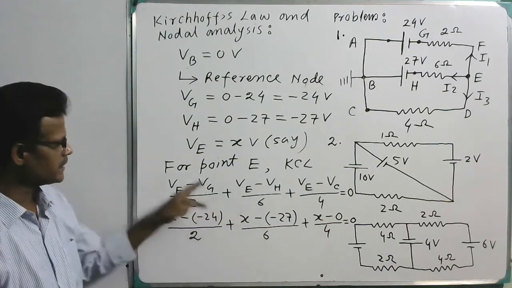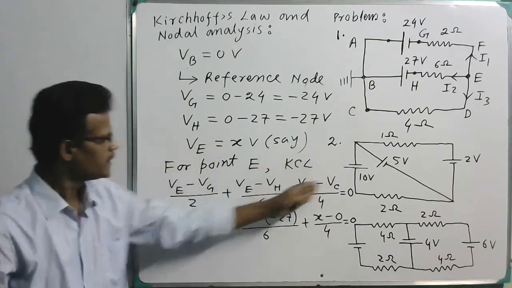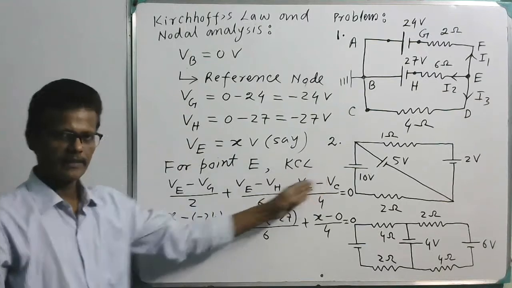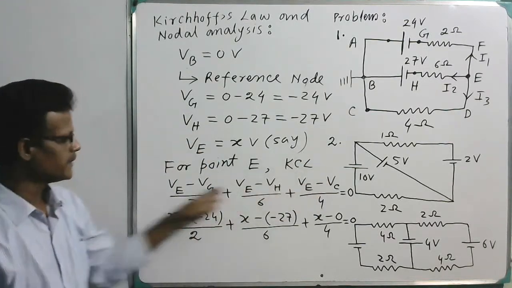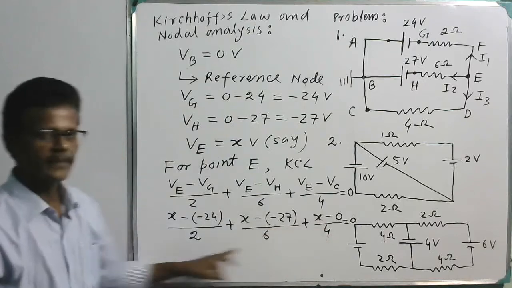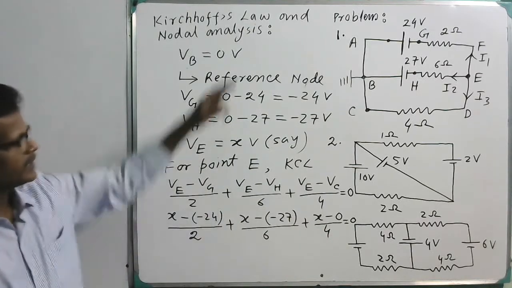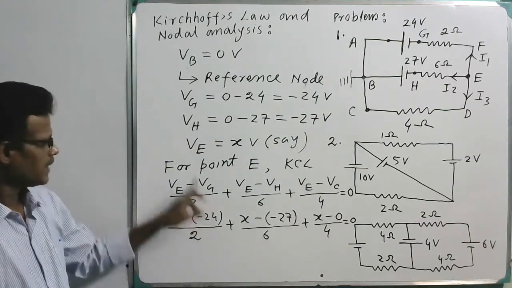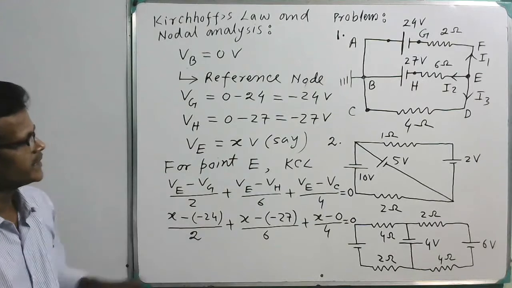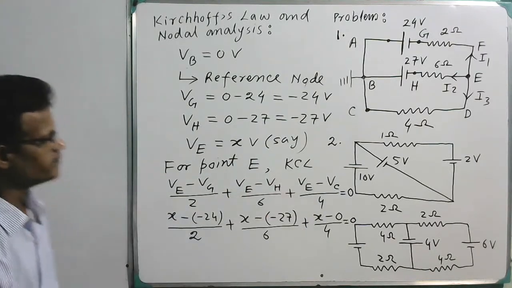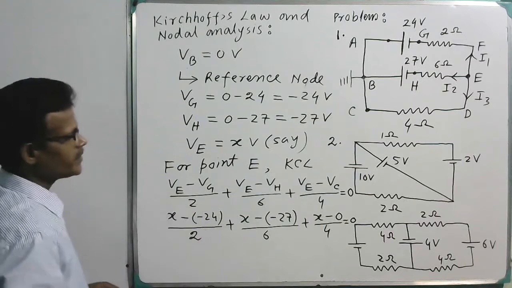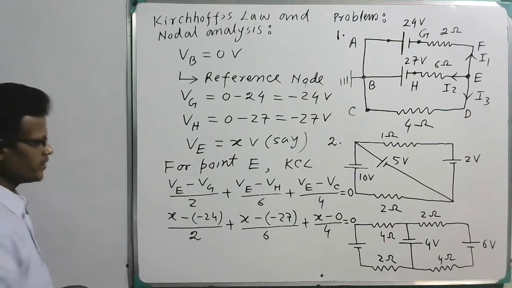In your joint entrance examination, you should avoid this step. You write down directly from the circuit as I1 plus I2 plus I3 basically. This is I1, this is I2, this is I3. This is a single variable equation and will save your time.